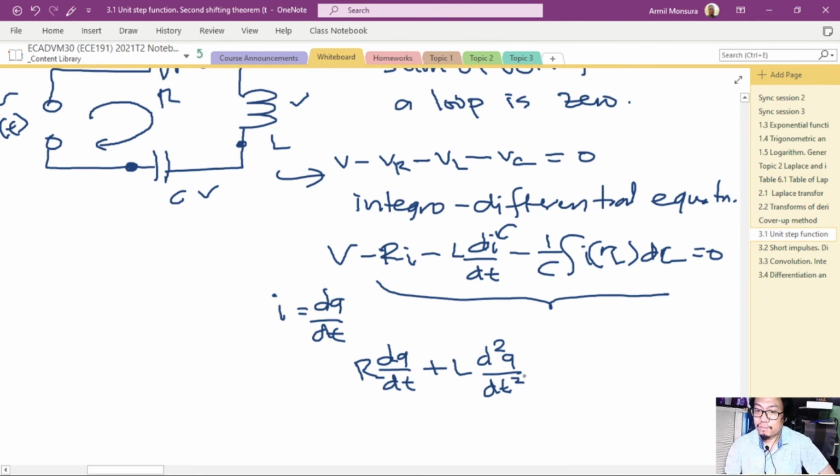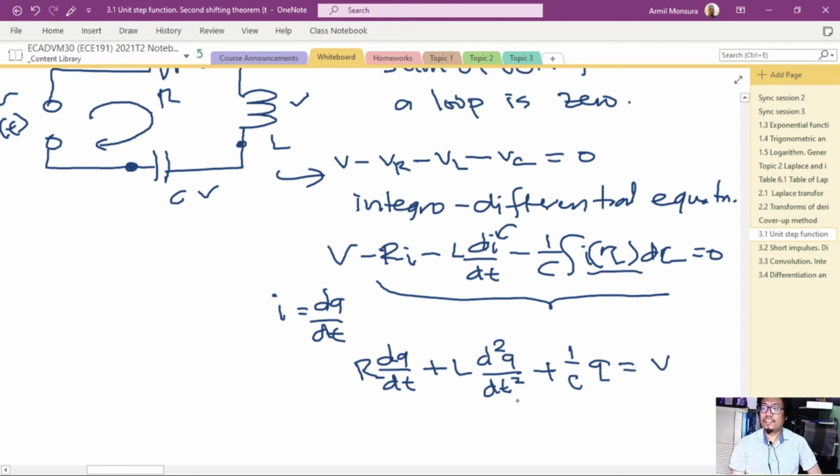And then finally this is 1 over C; since I'm replacing this with dq over dt and then integrating that, this is simply q. So this is 1 over C times q, and that is equal to V.